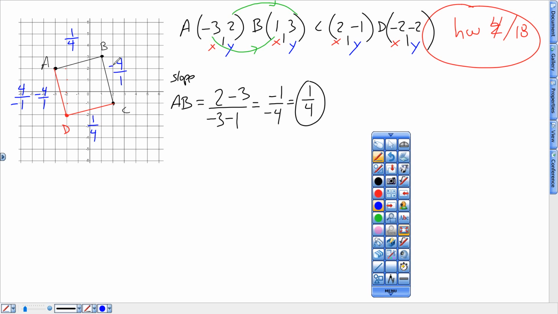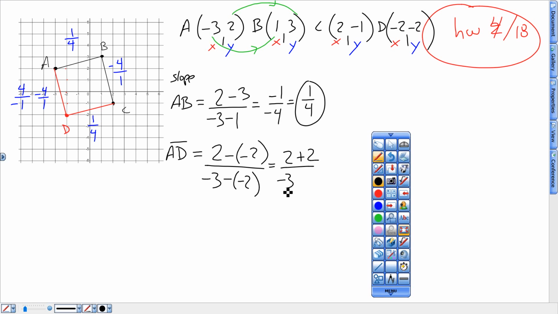So if I do A and D, I should get the opposite reciprocal of 1/4, the flip-flop and the opposite, negative. So A and D, I'm going to do 2 all the way down there minus another -2. And then for A and D, I'm going to do -3 minus -2. That gives me 2 plus 2 over -3 plus 2.